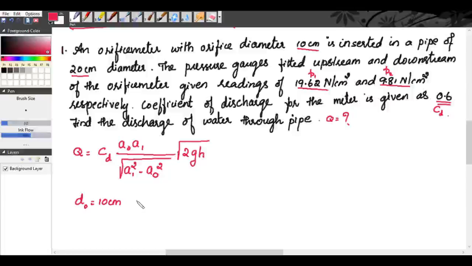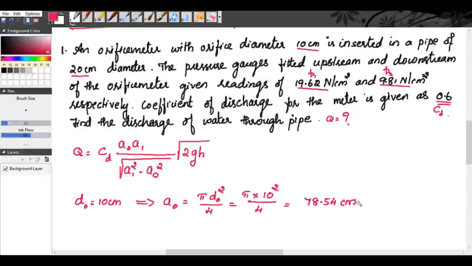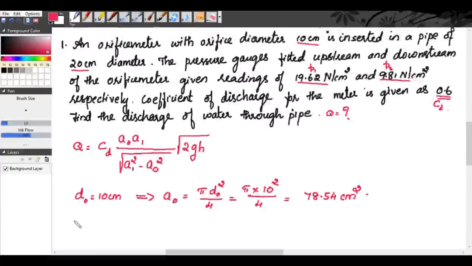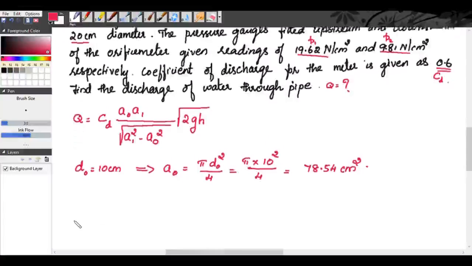From this, AO is equal to pi into DO square divided by 4, pi into 10 square divided by 4, which gives 78.54 centimeter square. Similarly, A1 is the area of the pipe, given as 20 centimeter diameter.